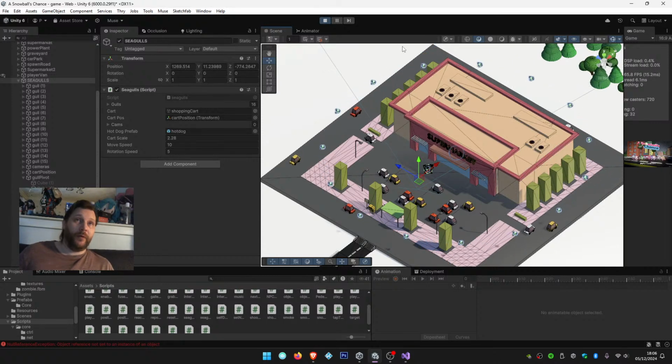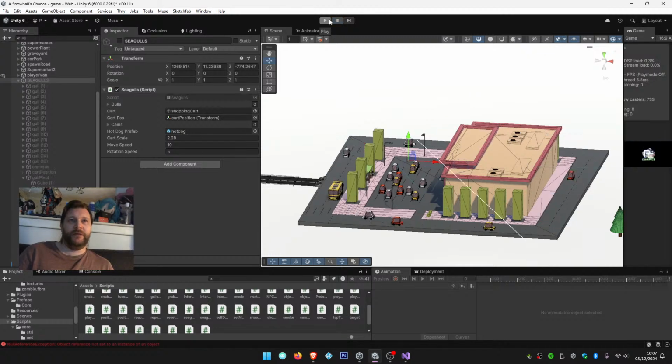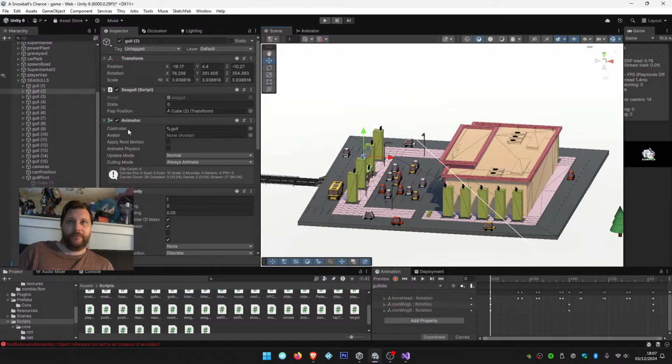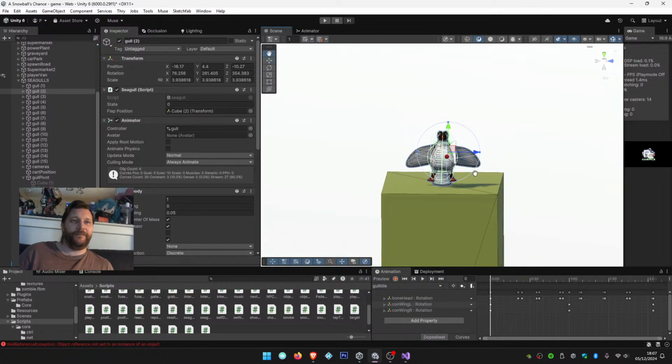Right, we still have a problem. So, let's see each state first and check its rotation. So, let me first explain what I want. Okay, so the bird's standing upright.